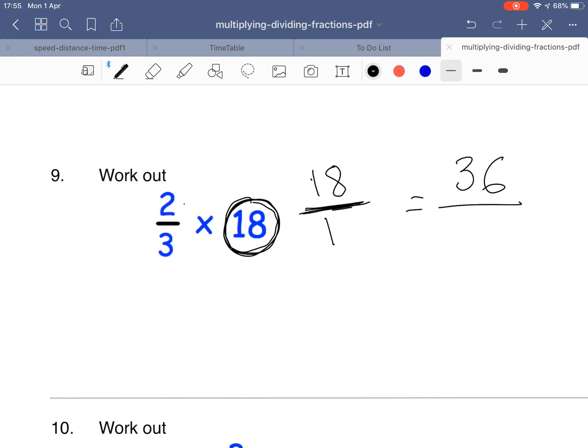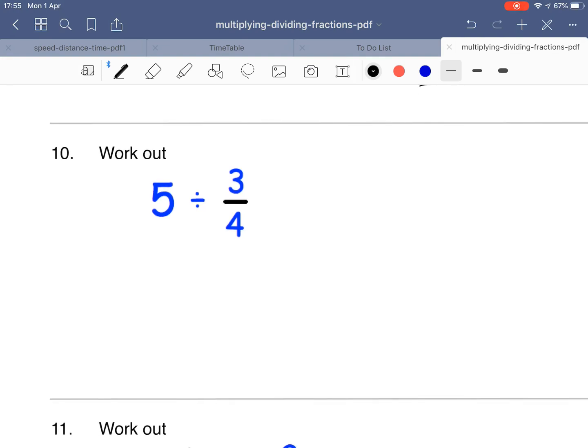So I can do 1 times 3, which is 3. Now I can simplify this because I can do 36 divided by 3. Don't forget this fraction sign here, this line is a divide. So 36 divided by 3 leaves me with 12. So actually, that is 12.